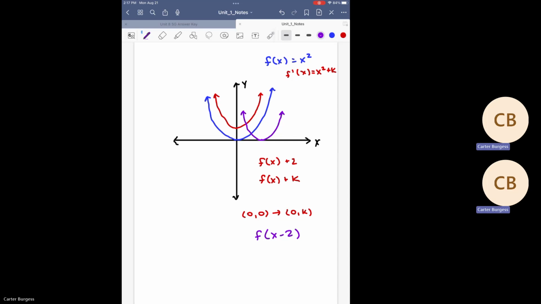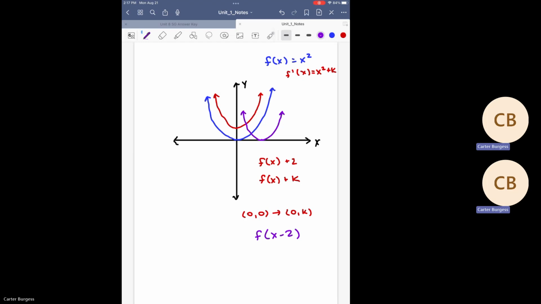If I want to fight that, if I want to readjust myself, if I'm trying to figure out what's going on at f of 4, what do I have to plug in? If plugging in 4 would tell me what's going on at f of 2, what would I need to plug into x in order to figure out what's happening at f of 4? I'd need to plug in 6.